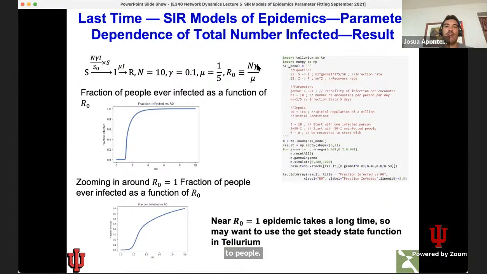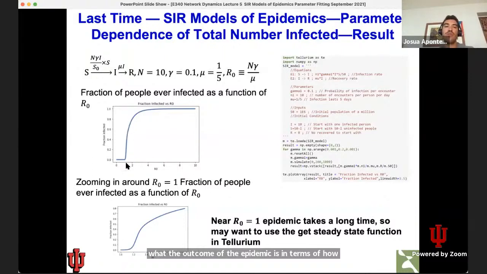So if you know that you can reduce R naught when you're around 1, you know that any containment measure that slightly decreases R naught will very likely result in big changes in what the outcome of the epidemic is, in terms of how many people eventually get infected.